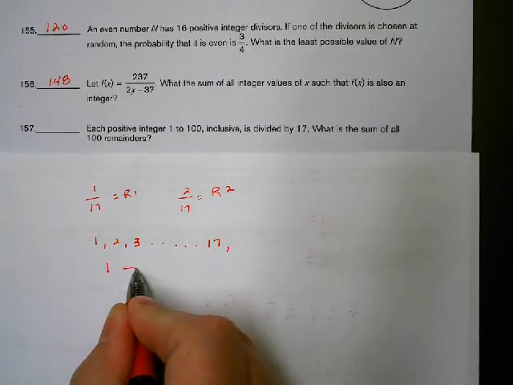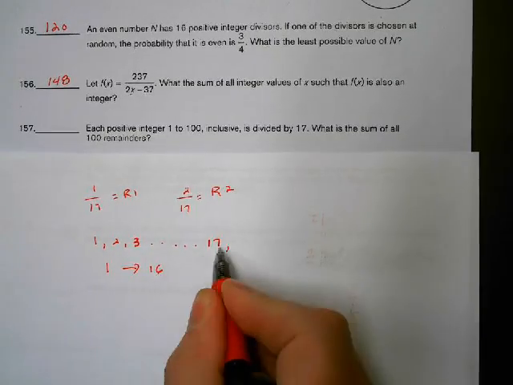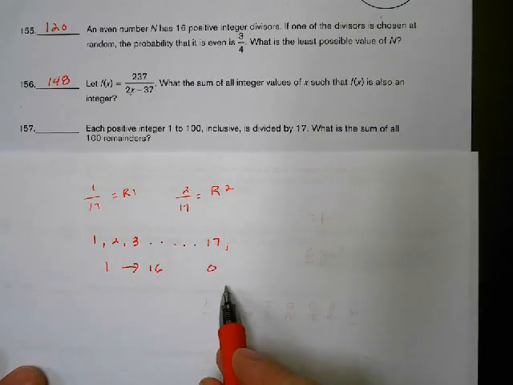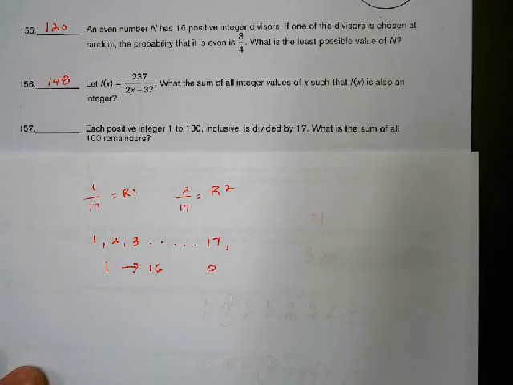That process is going to keep on repeating every 17 numbers. So if we add the numbers from 1 to 16, when you want to add a bunch of numbers together, remember the formula is n times n plus 1 divided by 2.